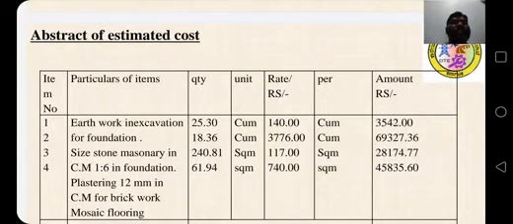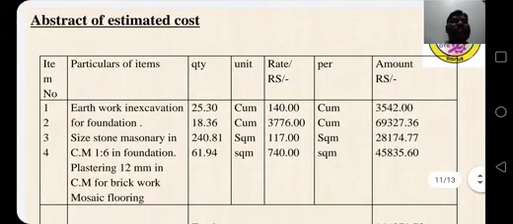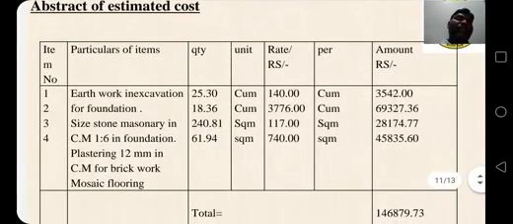Plastering 12 cm SSM in cement mortar 1:6 in foundation, 240.81 square meter, 117. Plastering 12 mm in cement mortar for brickwork, 61.94 square meter, 740 per square meter.